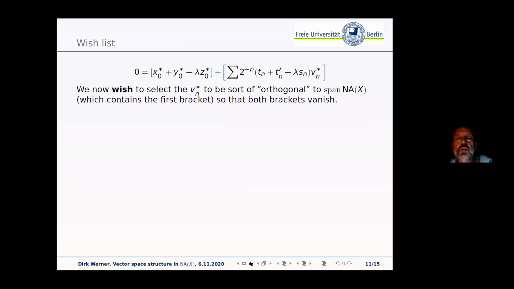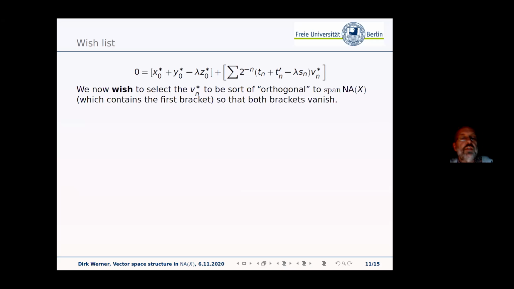So for this, the Vn star have to be sort of orthogonal to the left bracket. So the left bracket is by assumption the sum of norm-attaining functionals. Therefore, it's in the span of the norm-attaining functionals. So our first wish is that we should select the Vn star in such a manner that they are, in a way, orthogonal, whatever that means, to the span of norm-attaining functionals.